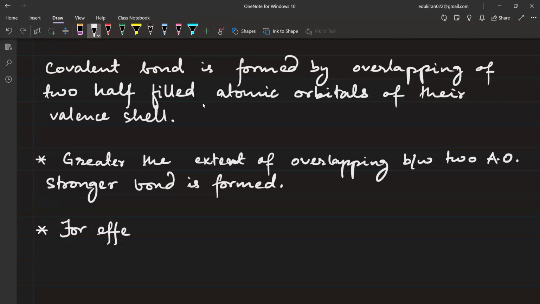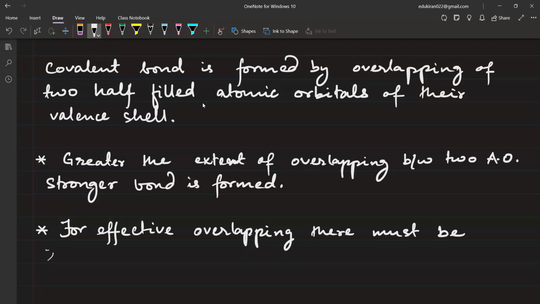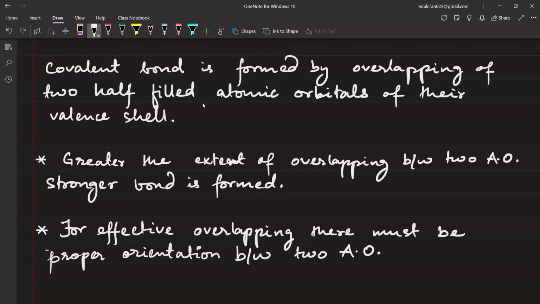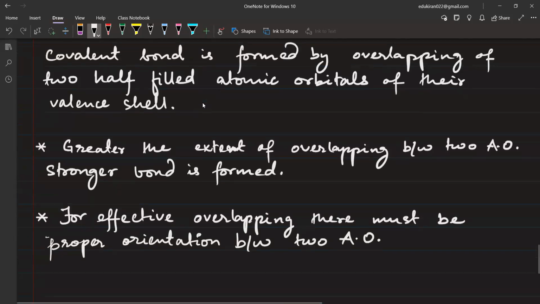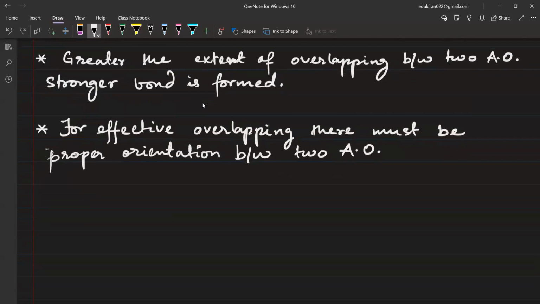For effective overlapping, there must be proper orientation between two atomic orbitals. Okay. Now, please write this down.